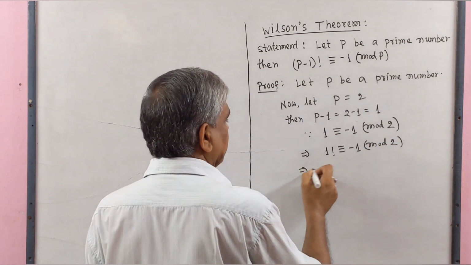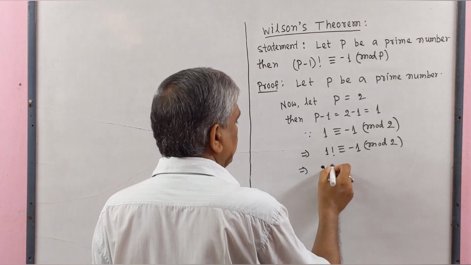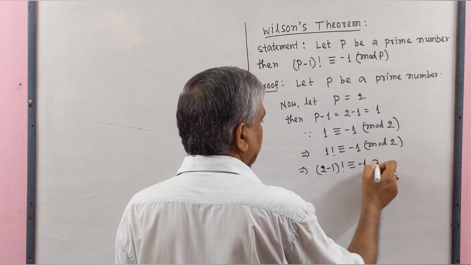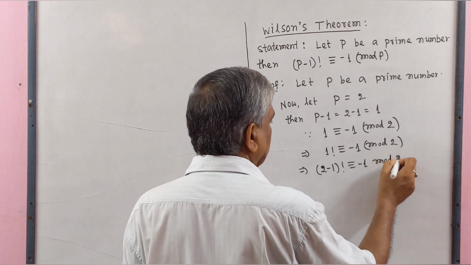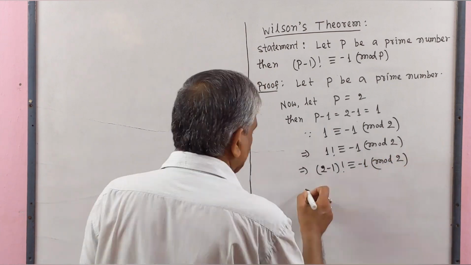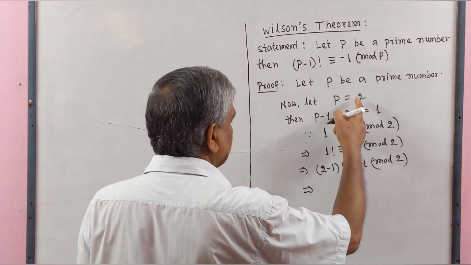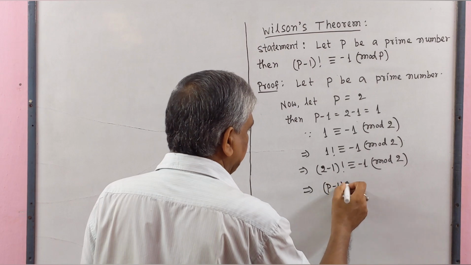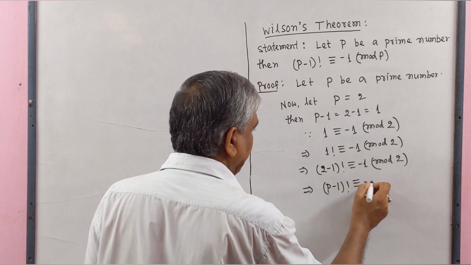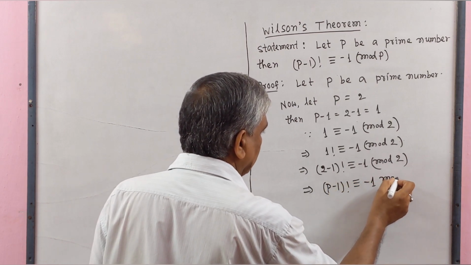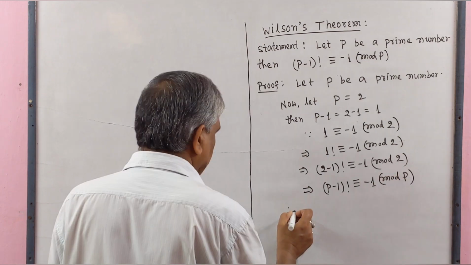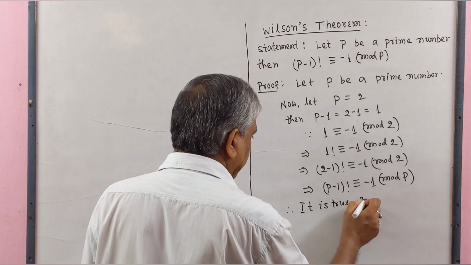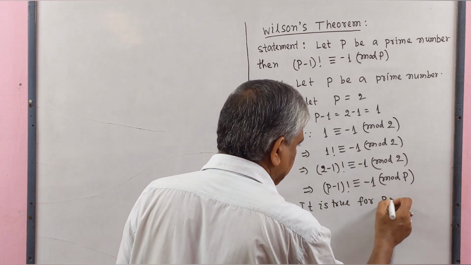We may write this as factorial 2 minus 1 is congruent to minus 1 modulo 2. Implies that in place of 2 we write p: factorial p minus 1 is congruent to minus 1 modulo p. Therefore, it is true for p equal to 2.